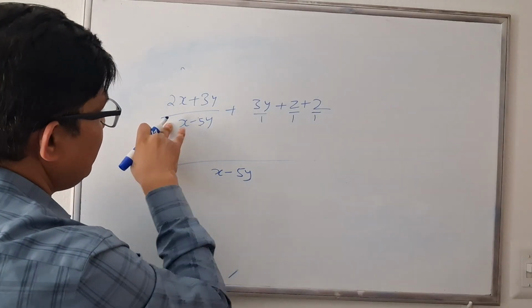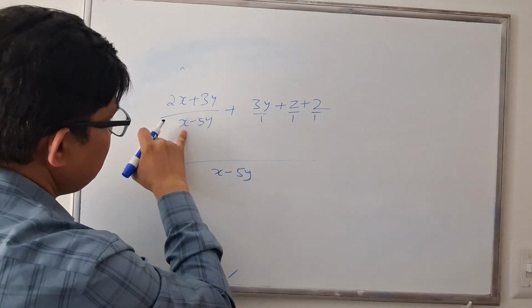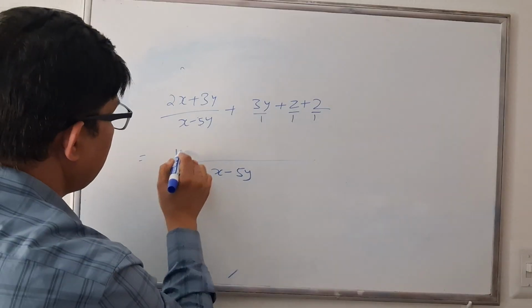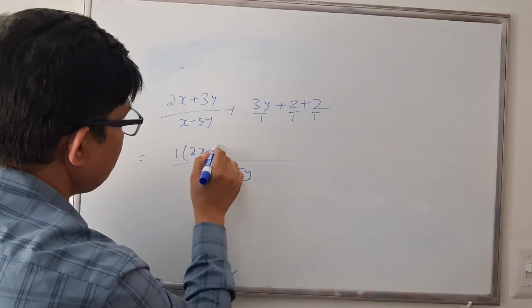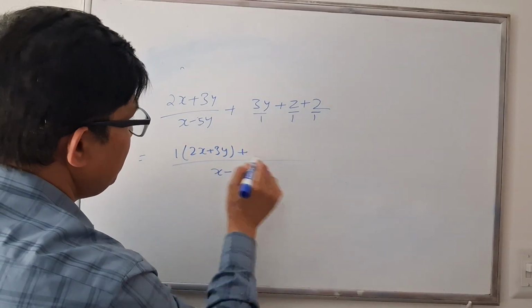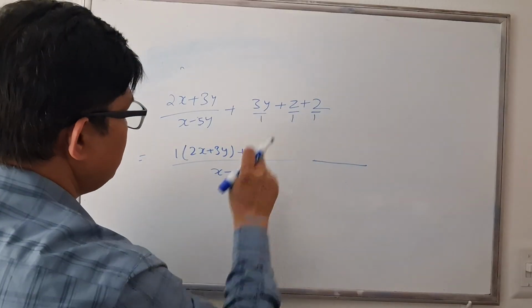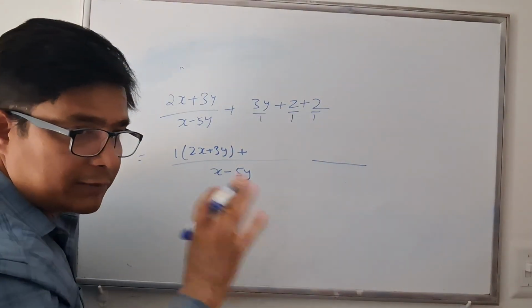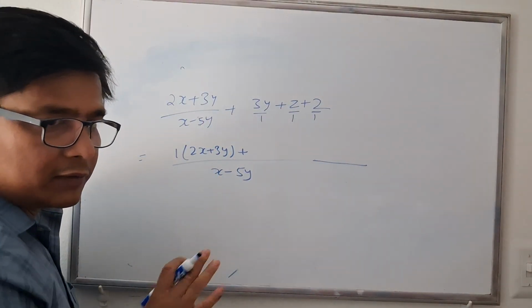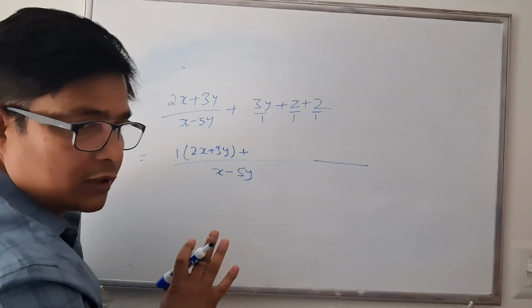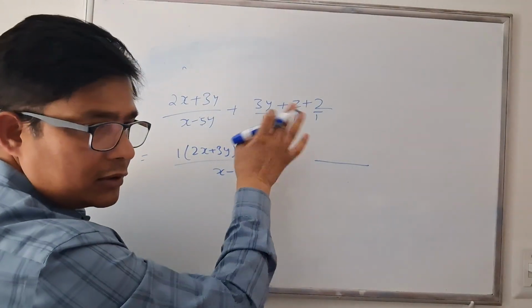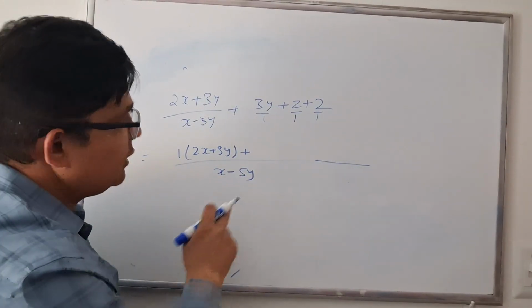So divide this by this, and then 1 multiplied by 2x plus 3y plus, this divided by 1, it's simple LCM. The way we solve the numbers, it's the same thing here. There's nothing new. Instead of having constant values, here you have variables. Look at the board.